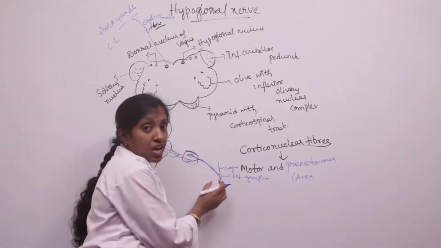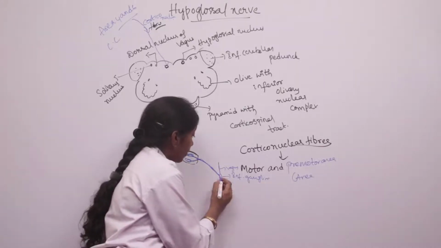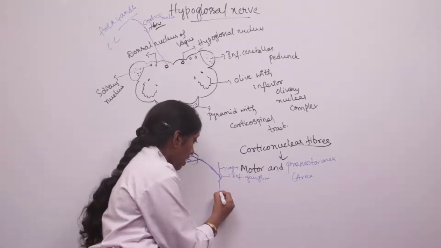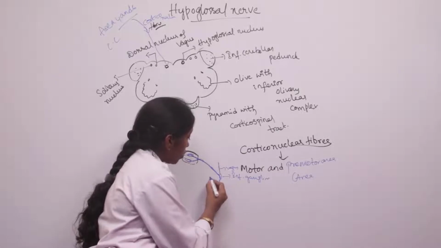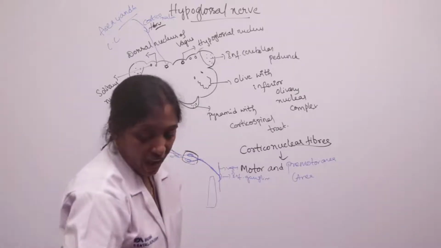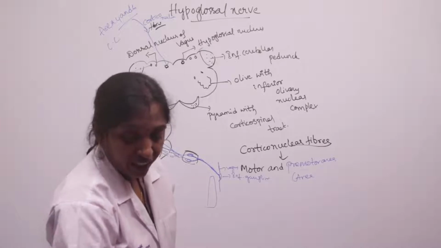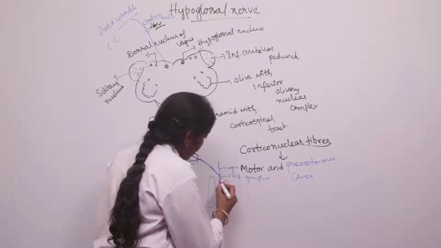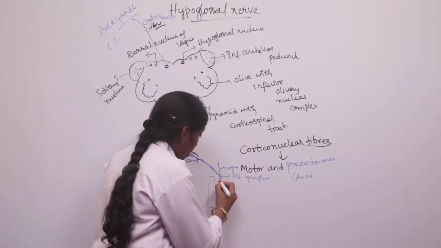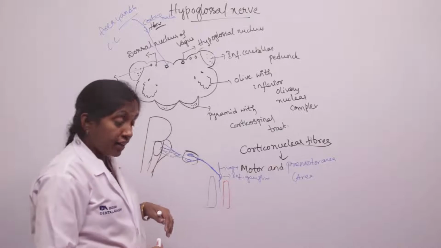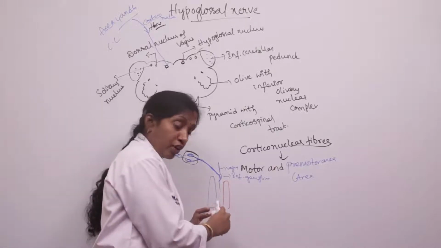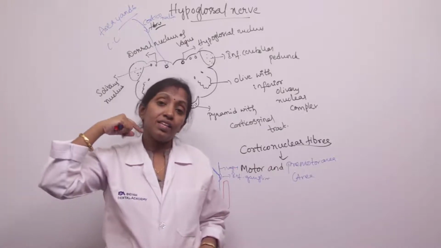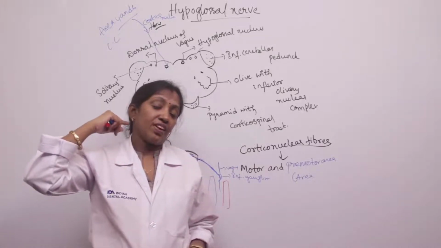It runs vertically downwards over the vagus, forwards and downwards between the internal jugular vein and the internal carotid artery, and in front of the vagus nerve, and it pierces the posterior belly of digastric as well as the stylohyoid muscle.